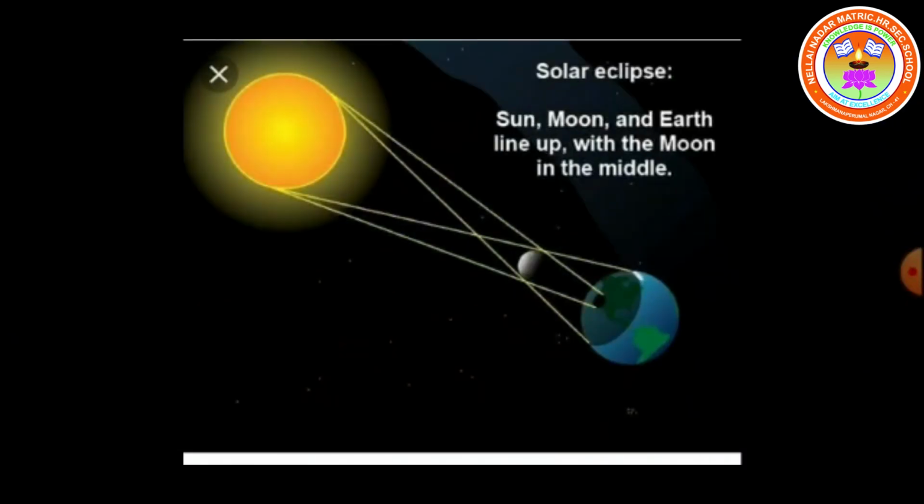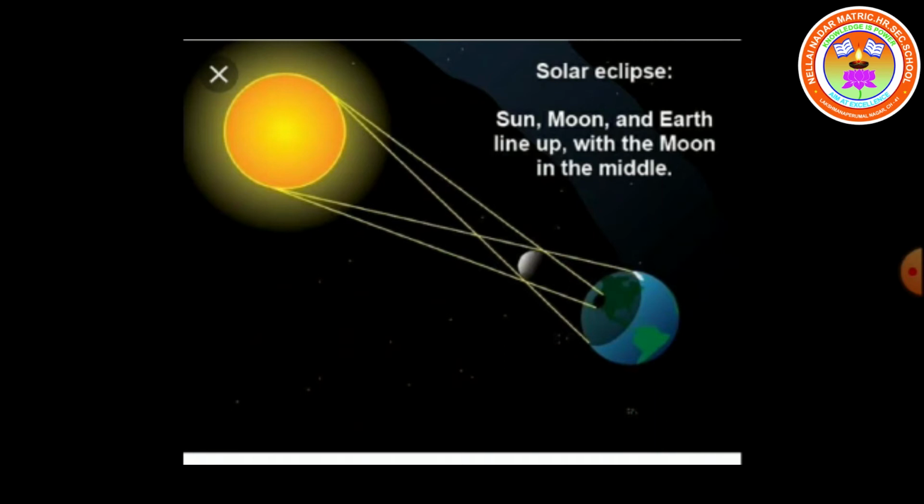Solar eclipse. A solar eclipse occurs when the moon arrives between the sun and the earth. The shadow of the moon appears on the earth. Hence, those who are in the region of A are unable to see the sun.